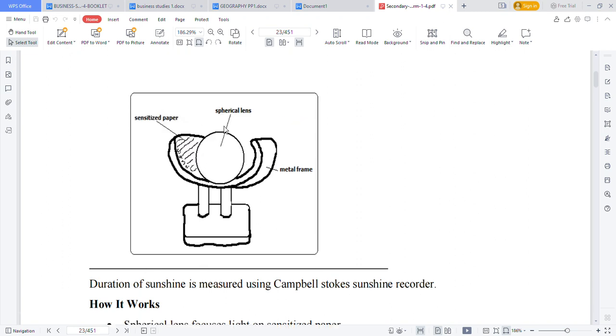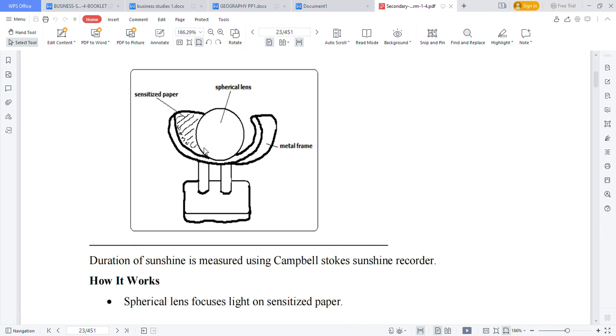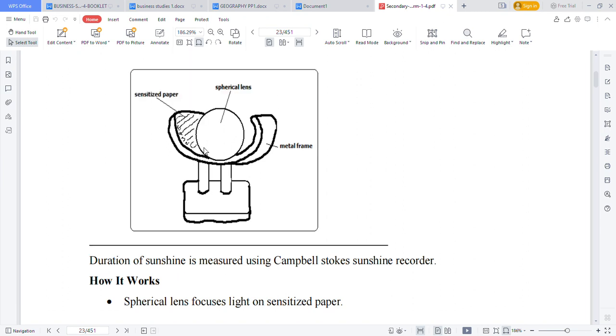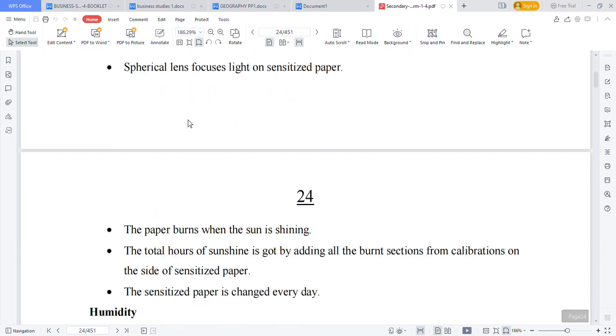How does this sunshine recorder work? The first one we are going to talk about is the spherical lens. The spherical lens focuses light on the sensitized paper. The paper burns when the sun is shining.